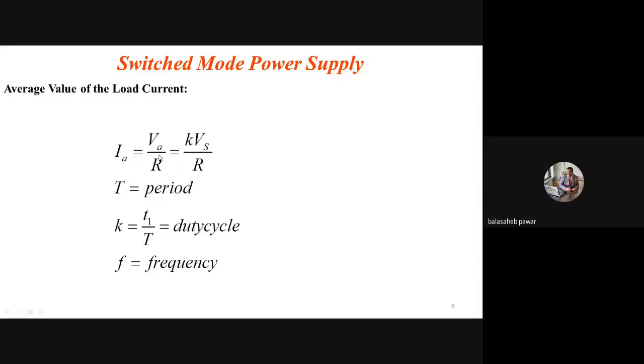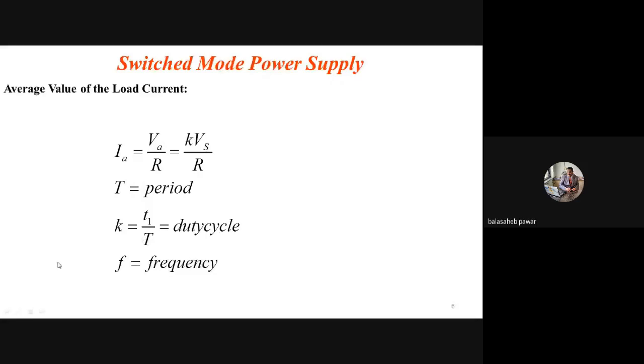And VA, as we know, is capital D into Vin. Here it is written as K into Vs, one and the same thing. So just replace VA by capital D into Vin divided by the load resistance, right? See here, I mentioned what capital K is: T1, that is T on, divided by total T, and that is the duty cycle.